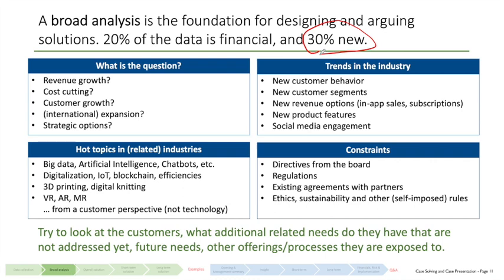But at the moment, we're just looking if there is such a trend in our industry. New products, new product features, or things like social media engagement, additional services, which is loosely related to the actual core product.